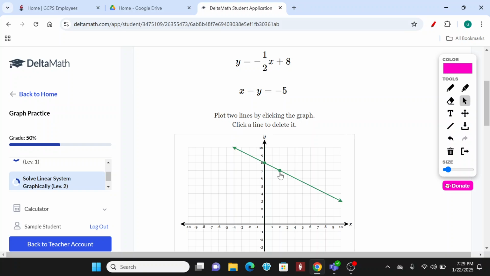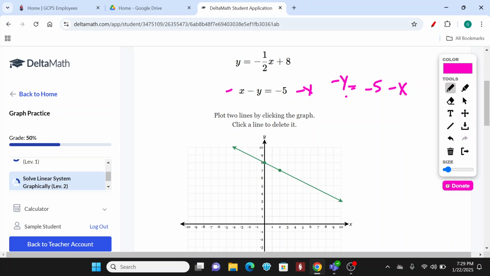As you know, we're going to go to positive 8 for the first one. Rise is a -1, so we're going to go down 1 over 2. 1, 2. Now, again, the second one, as I was saying, we need to subtract x on both sides. That leaves us with -y equals -5 minus x.